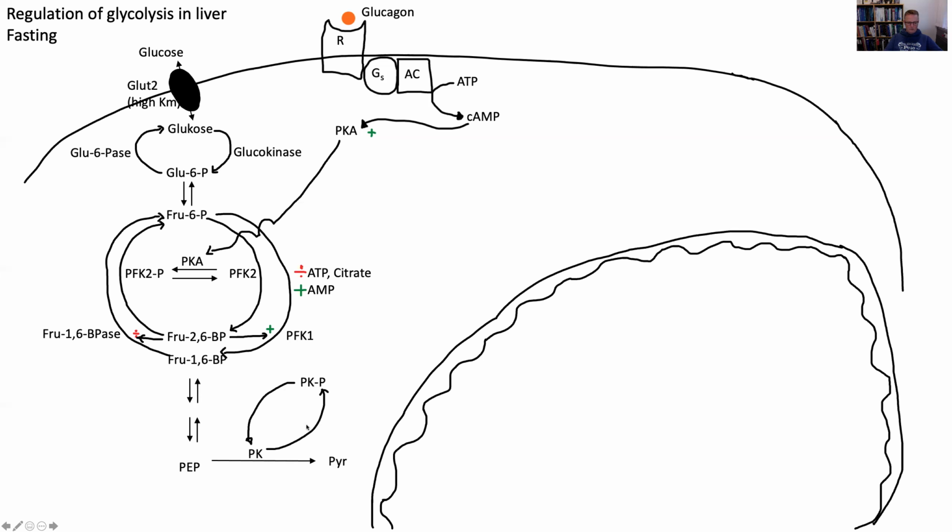And we have another control point of glycolysis here, where we know that protein kinase A can phosphorylate pyruvate kinase to its phosphorylated and less active form. Pyruvate kinase is also phosphorylated by PKA, as we also already activated before.